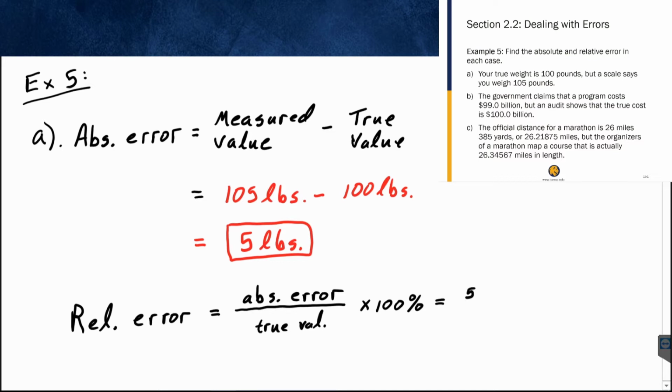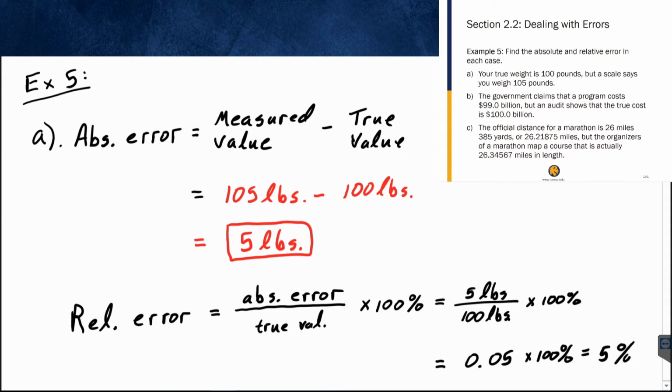So it'd look like 5 pounds divided by 100 pounds times 100%. So what that would be equal to is 5 divided by 100 is 0.05, times 100% is equal to 5%.